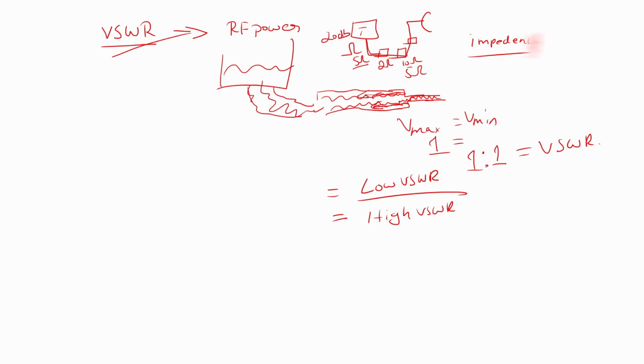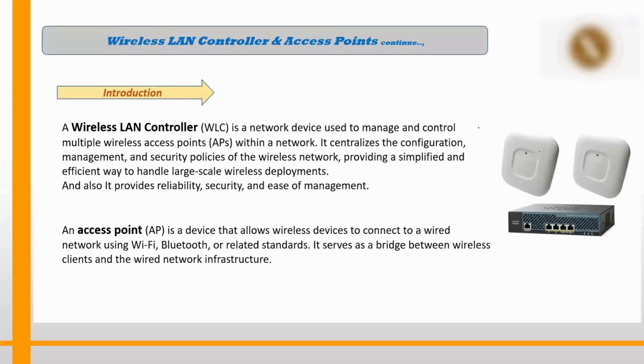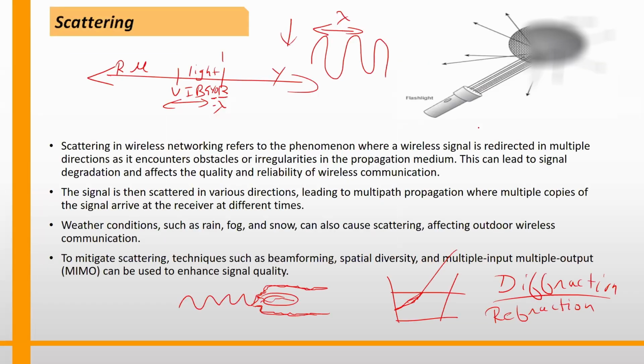For example, 1:1 VSWR means it's a perfect impedance, where all transmitted power is absorbed by the antenna. You are transmitting 1, and the absorption is 1. So that is what 1:1 means. That's a perfect match.